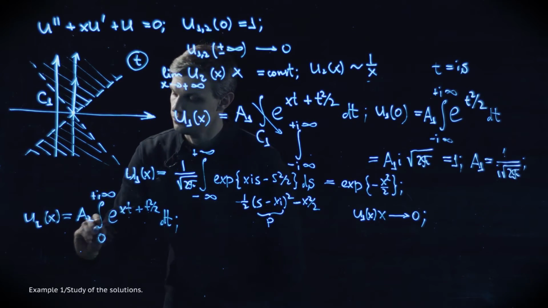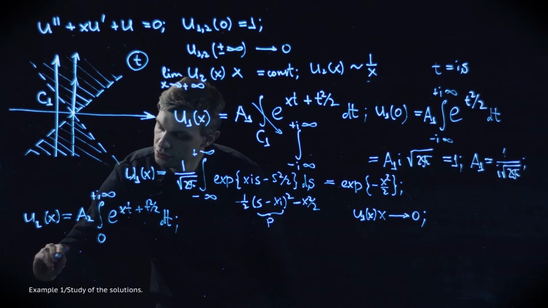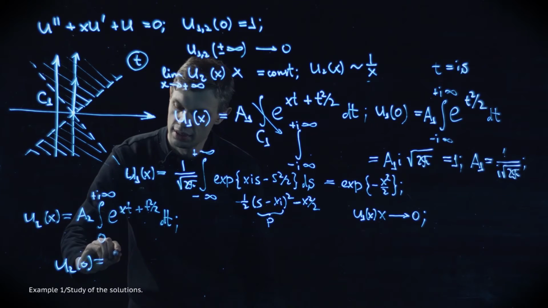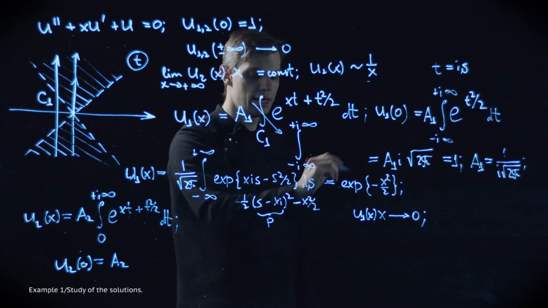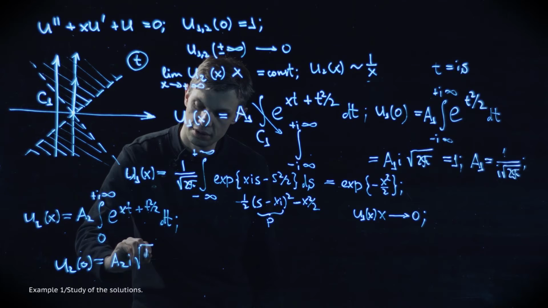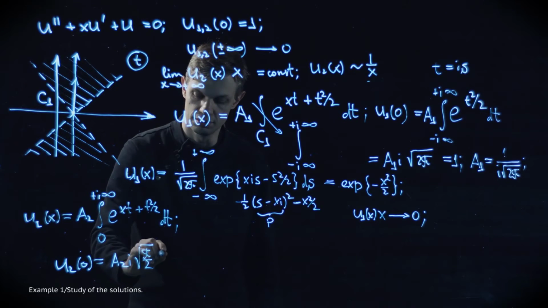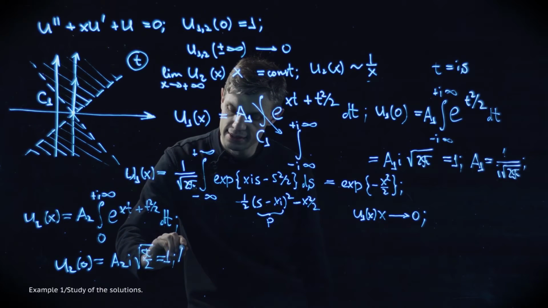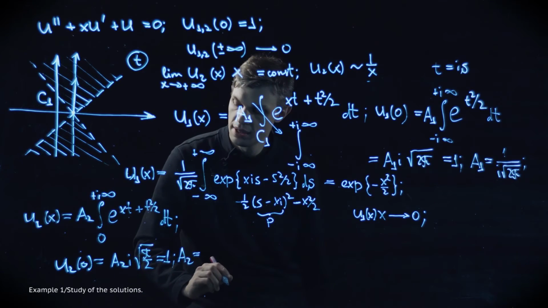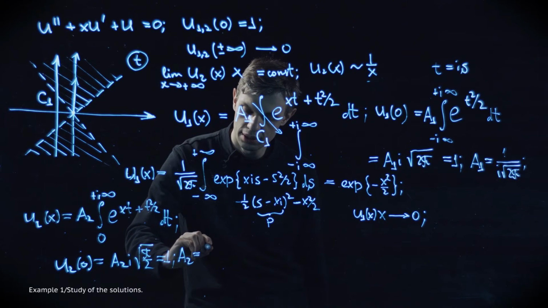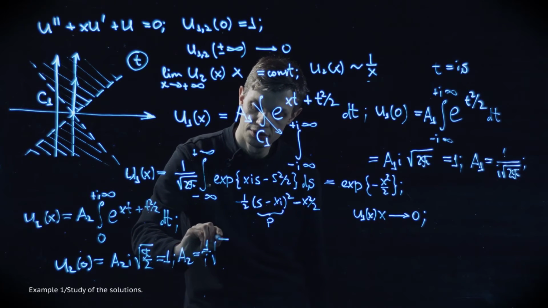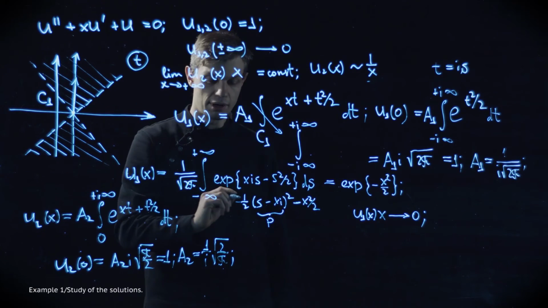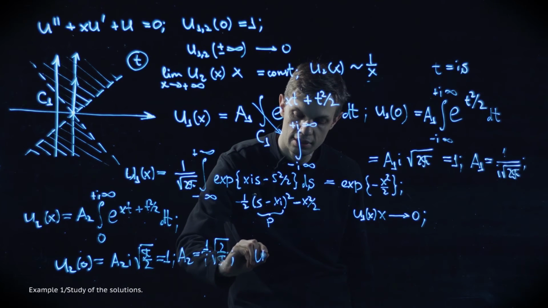So u2 of 0 is equal to a2 i square root of pi over 2. And it's supposed to be equal to 1, so now we fix the second constant, which is 1 over i square root of 2 over pi.